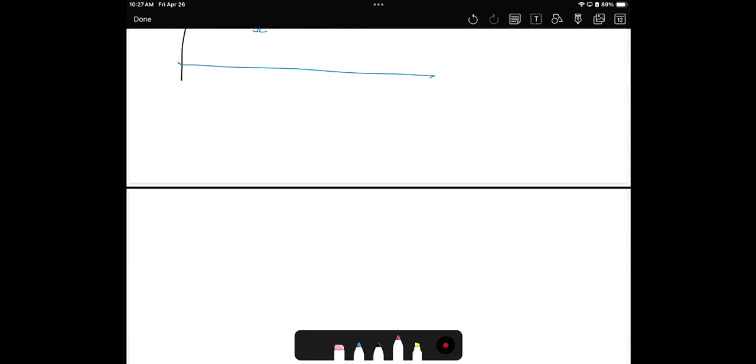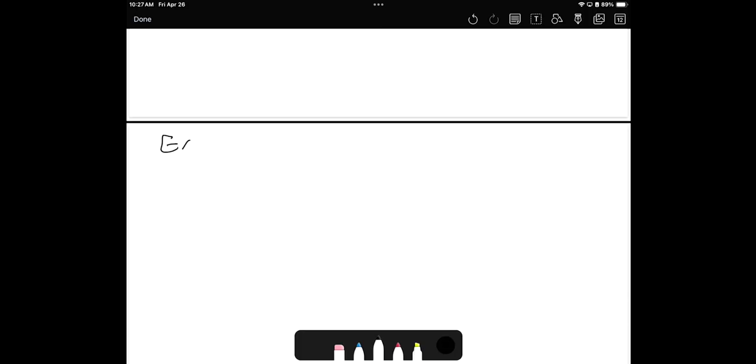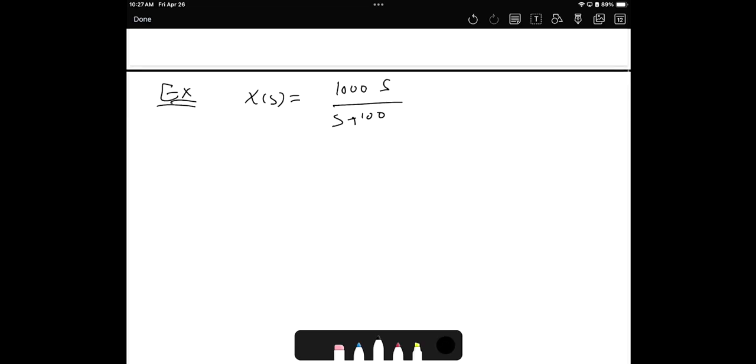Let's assume after you solve a certain circuit, you get X of s equals 1000 s over s plus 100. Let's assume this is the transfer function after we did this. How we get the transfer function, we know. You can go back to the recordings and see. So the first thing we need to do is to substitute s by j omega.